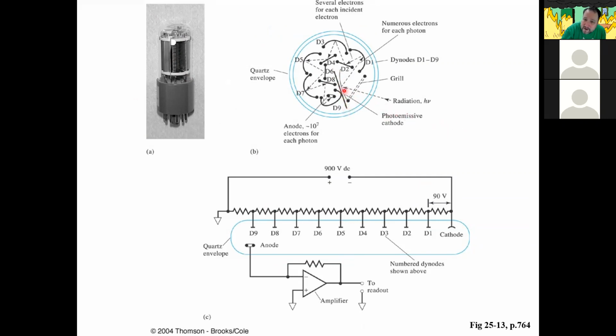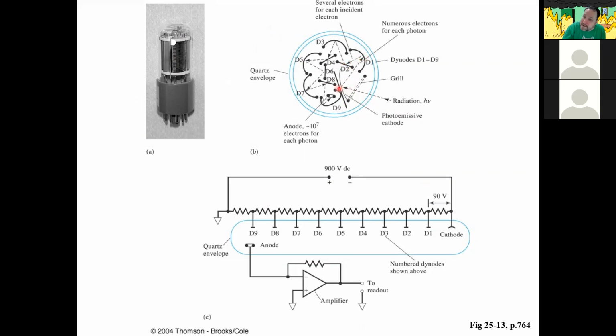Radiation comes in and kicks off an electron, and it goes towards this dynode. It's still an anode, but now we've got multiple anodes, and we're going to call them dynodes.